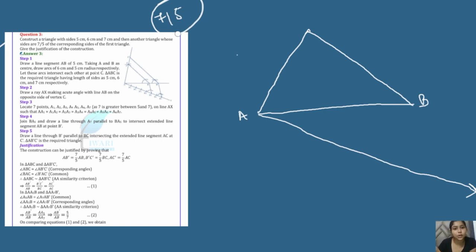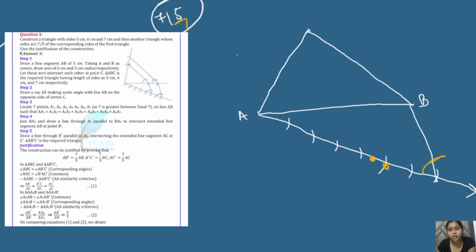We know that 7 is the greater ratio, that is why we are drawing 7 arcs like this. Okay, now we'll join the last arc with the B, right? Now this is 7 by 5, we'll take 5. Okay, we are done with the 7th one, so we will take 5. So this one is your fifth arc.